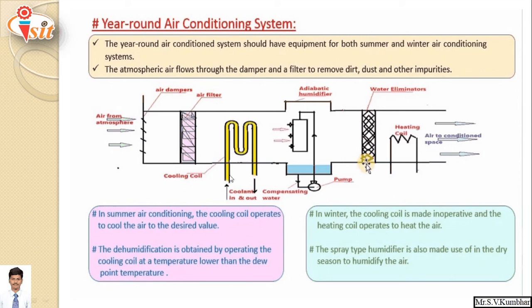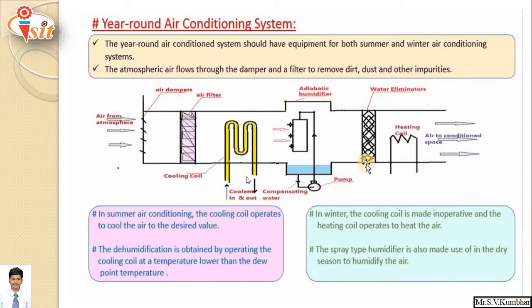In summer air conditioning, the cooling coil operates to cool the air to the desired value of temperature and relative humidity, and this heating coil will not work. The dehumidification is obtained by operating the cooling coil at a temperature lower than dew point temperature.